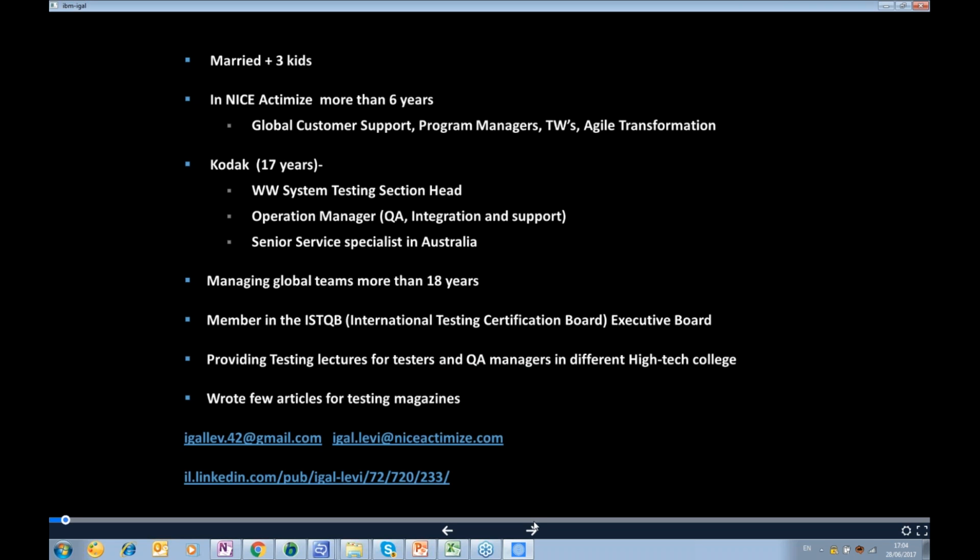Before, I worked for Kodak for 17 years in different positions. The last one was the worldwide system testing section head. I'm very involved with the testing community. I'm a member of the ICQB and an executive member on the executive board of the Israeli Test and Certification Board. So that's about myself.